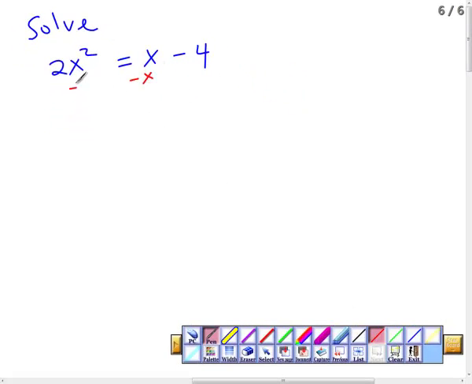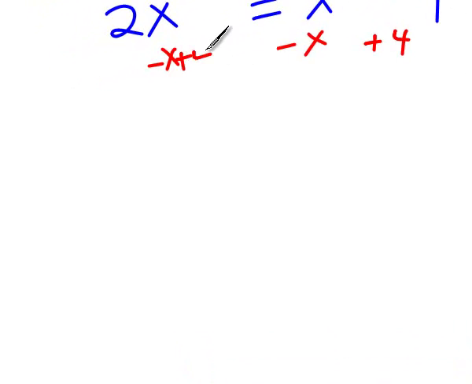Minus x, and plus 4, plus 4. And so we get 2x squared minus x plus 4 equals 0. Okay? And so, let's see, factors of 4 are 2 and 4, or 2 and 2, or 1 and 4. So no way we're going to get a 1x to factor it.